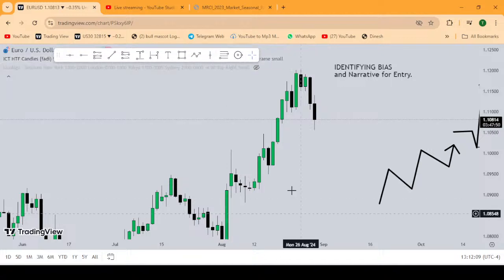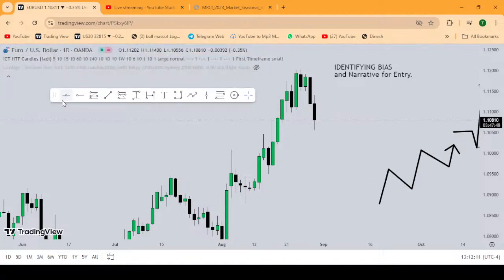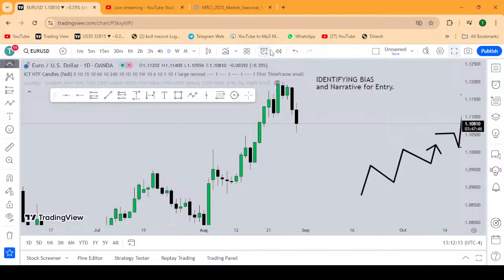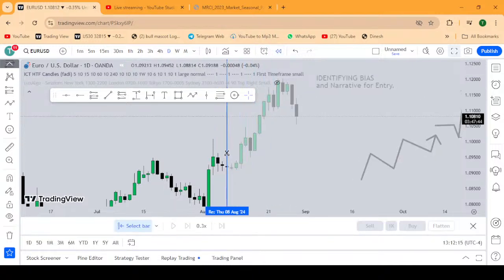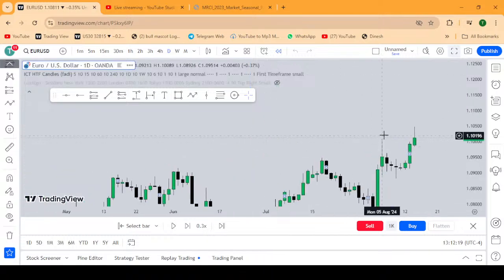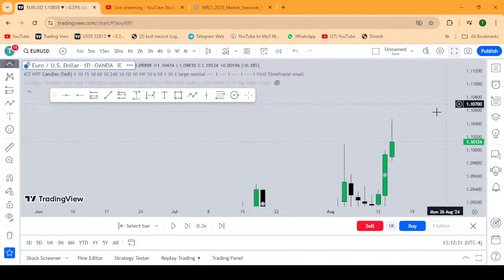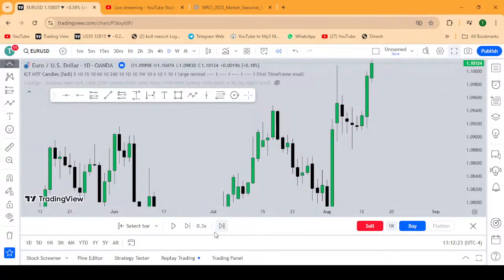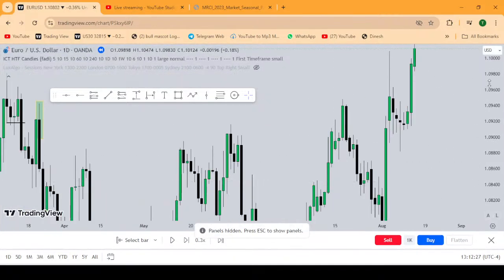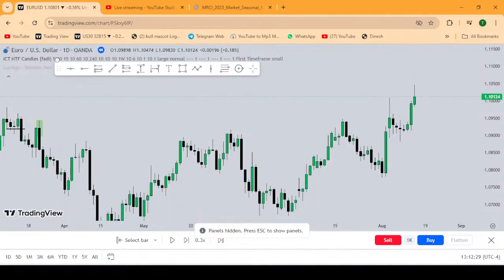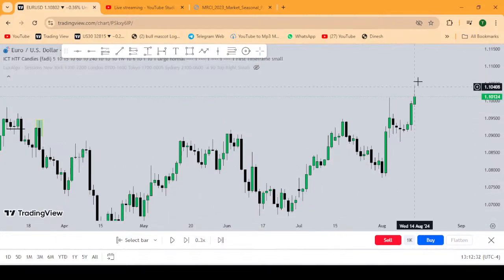If I can replay this, from here. So what happens is price is already showing us a very strong bullish momentum. It's already showing us buys coming in.